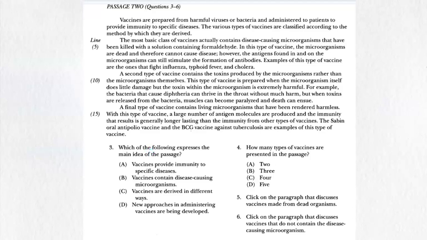Question 4B, 3 types of vaccine. Look, the most basic class, that is 1. A second type, number 2. A final type, number 3. Number 4, we already discussed.